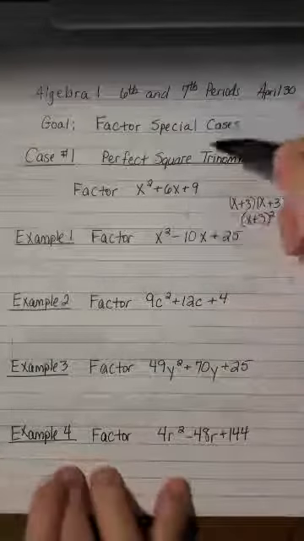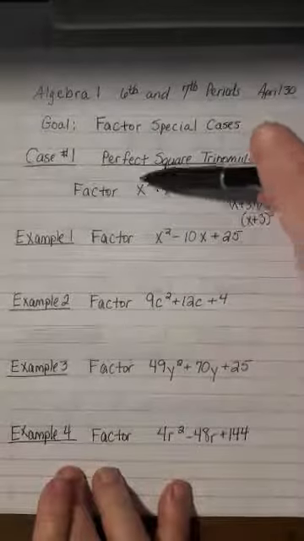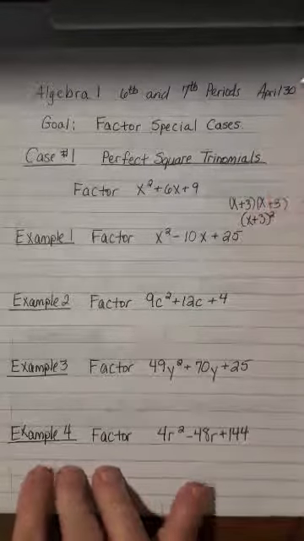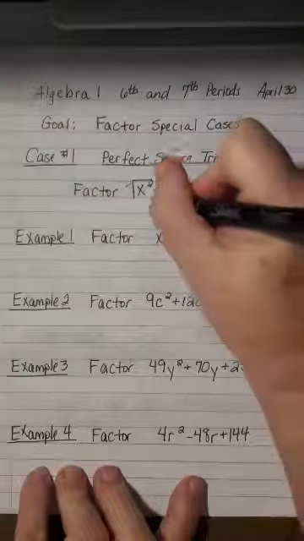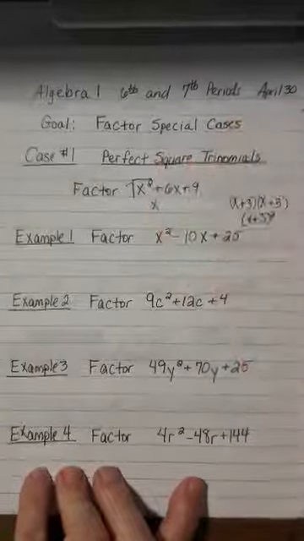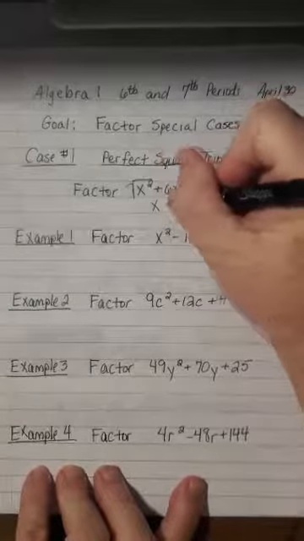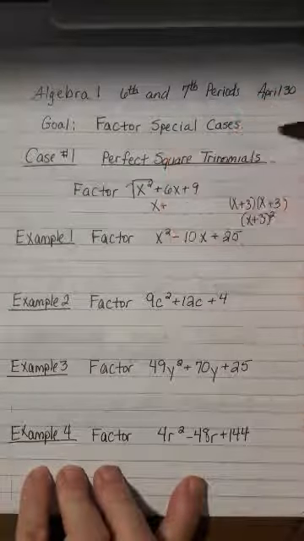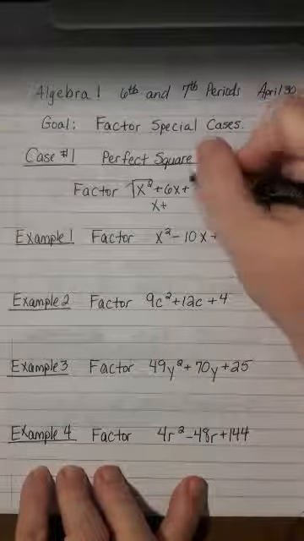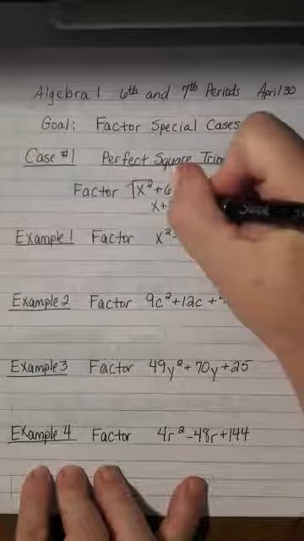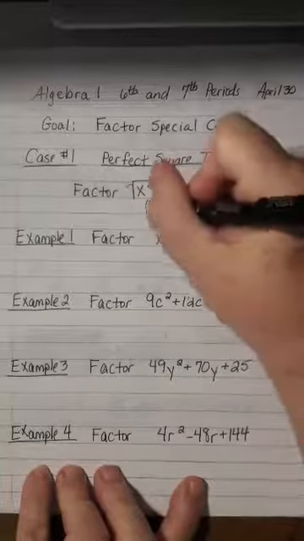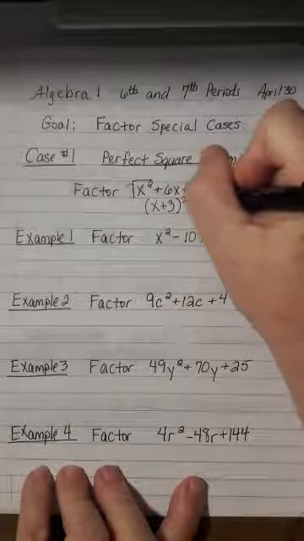And all you do is you take the square root of this first term and you write that down, and you use the sign that's in the middle, and then you take the square root of the last term, and then all you do is put parentheses around it and put it to the second power.